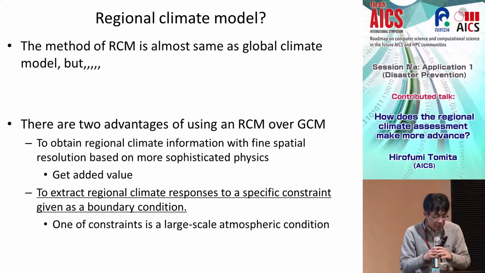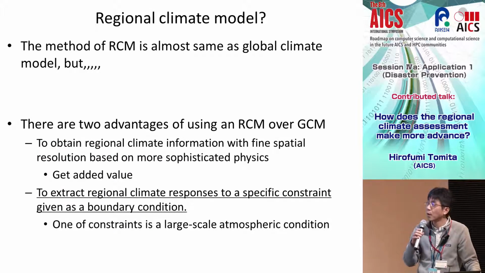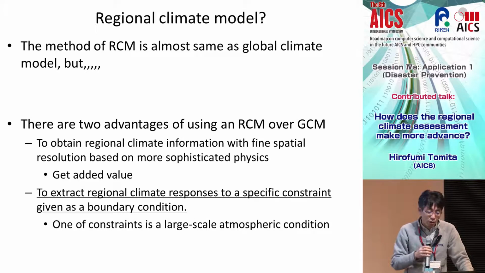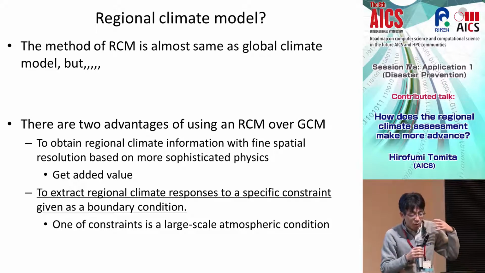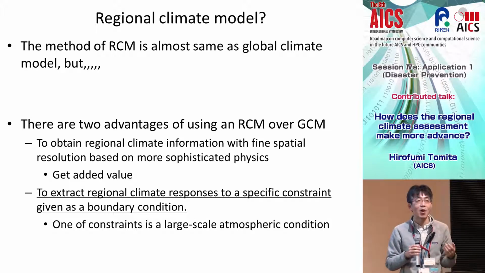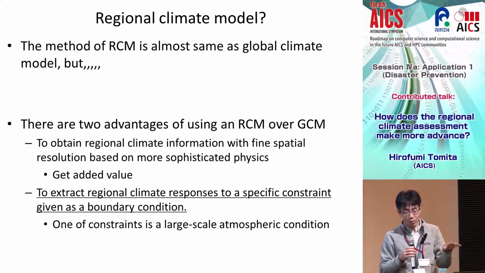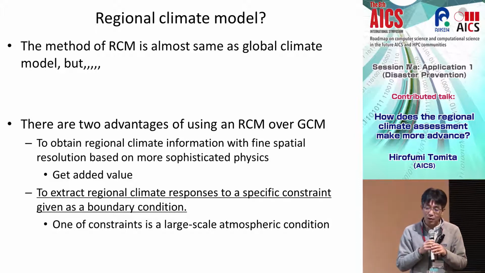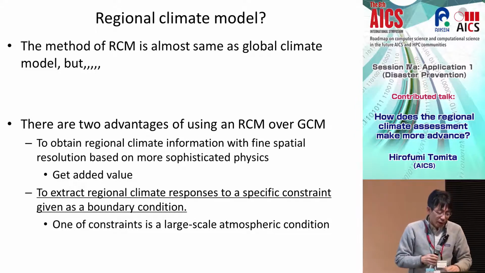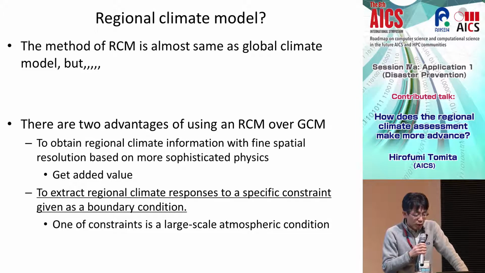Okay. What is the regional climate model? The method of RCM is almost the same as the global climate model because the equation system is almost the same, but modeling is somewhat different. RCM is more sophisticated than the global model. And there are two advantages of using RCM over GCM.